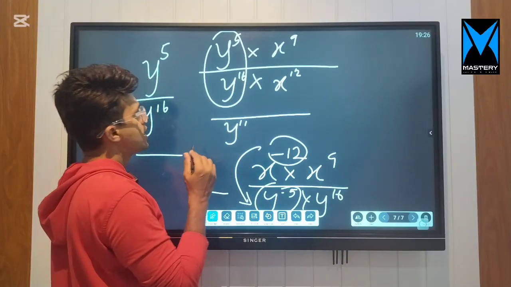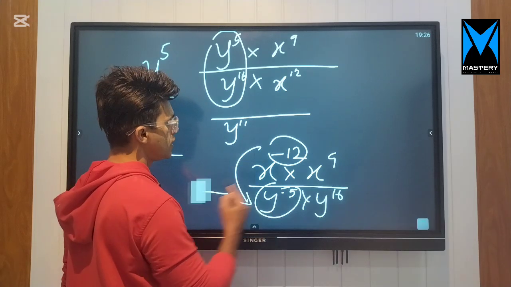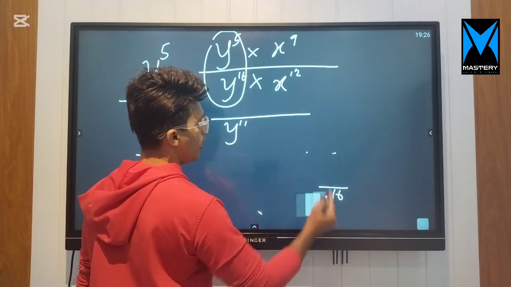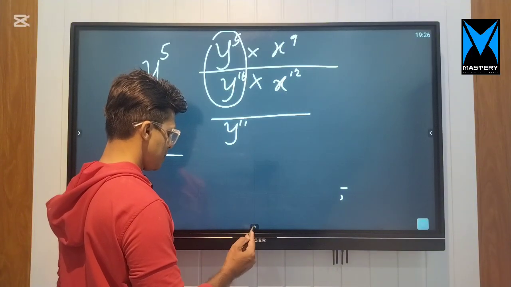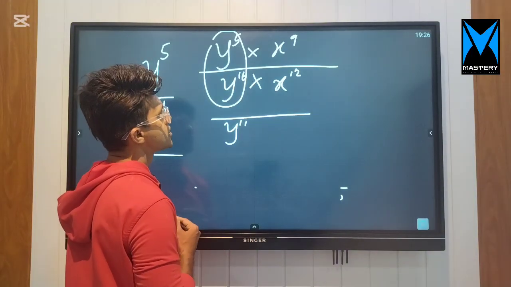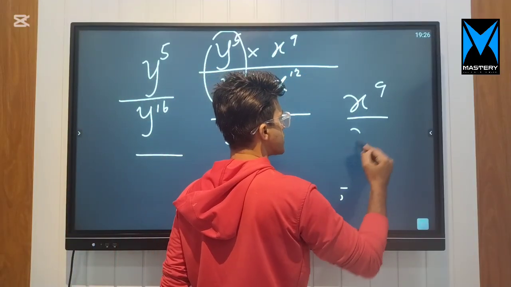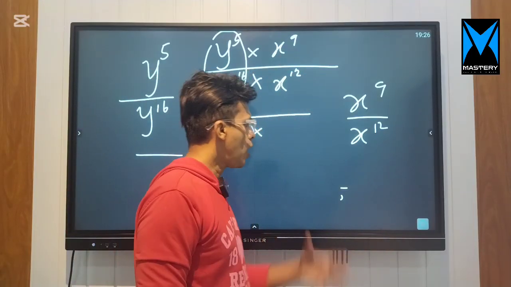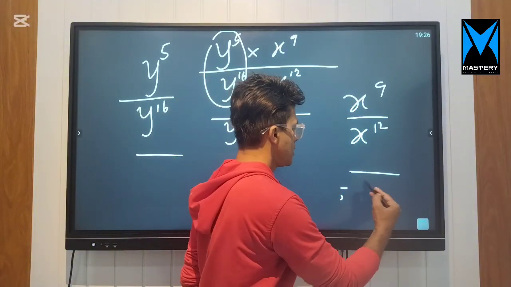Afterwards, here x to the power 12 is in the denominator and x to the power 9 is in the numerator. So 12 minus 9 is 3.